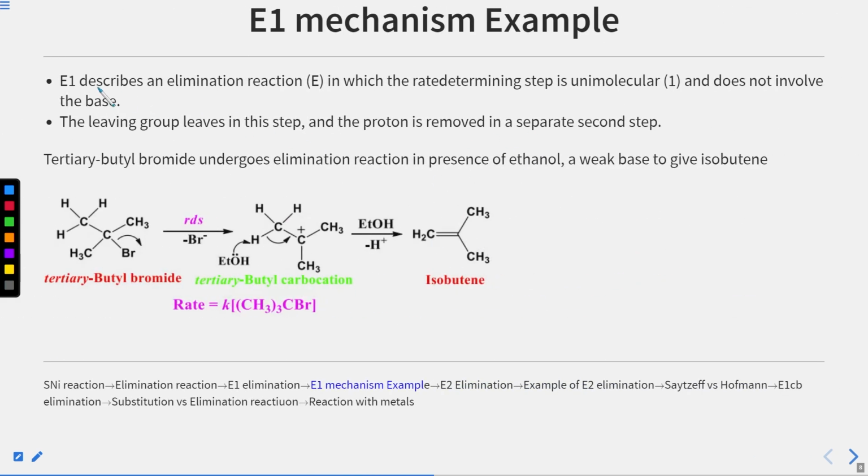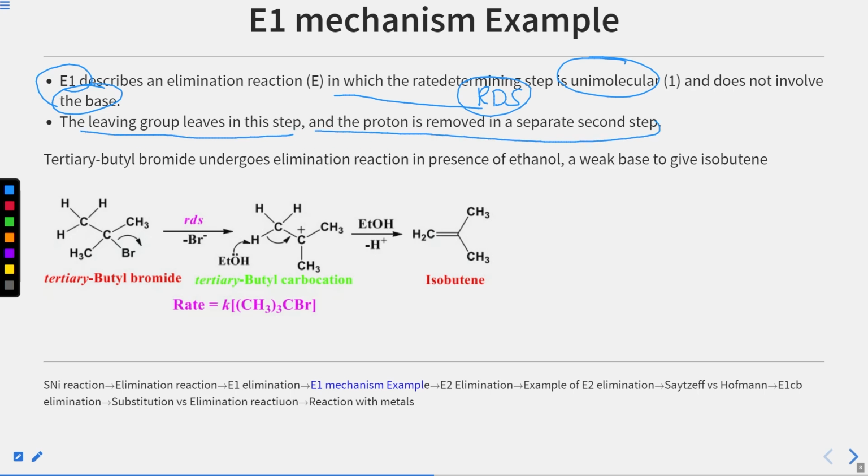So I mentioned it earlier also, same thing is written, that E1 elimination is one in which the rate determining step is unimolecular, that is, the RDS is unimolecular, dependent upon one step only and does not involve the base. The leaving group leaves in this step and the proton is removed in a separate second step that is being shown here.